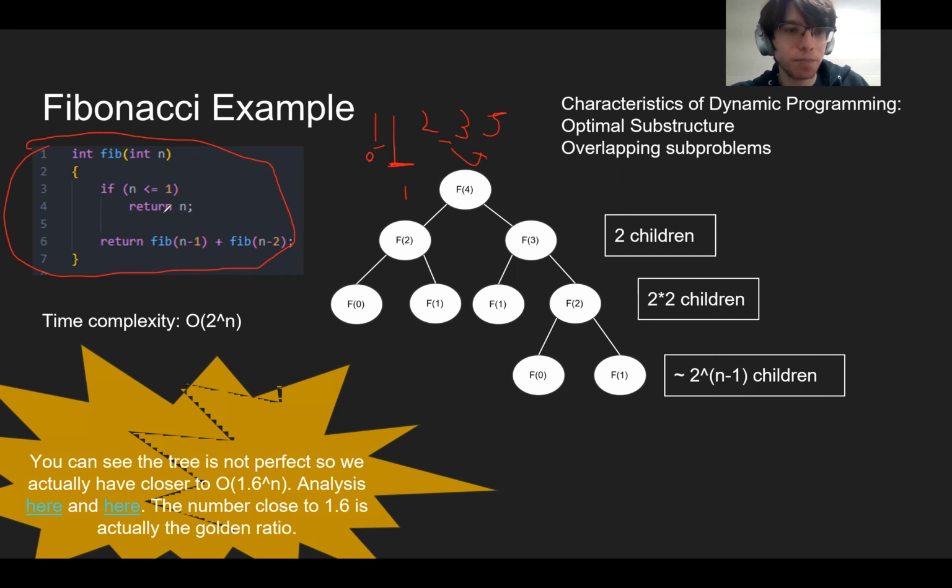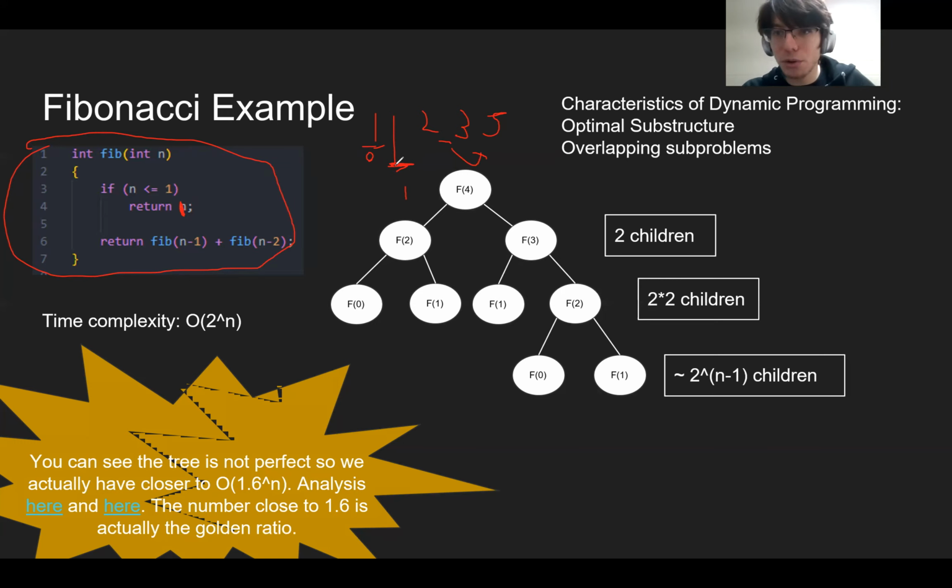It would work the same, it would just be indexed from 1 instead of 0. So just for simplicity's sake, let's say it's indexed from 1 and we return 1. So if n is less than or equal to 1, we're going to return 1. But otherwise, we want to return Fibonacci of n minus 1 plus Fibonacci of n minus 2.